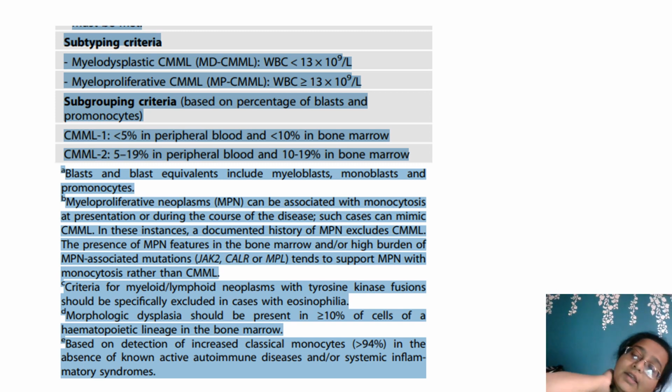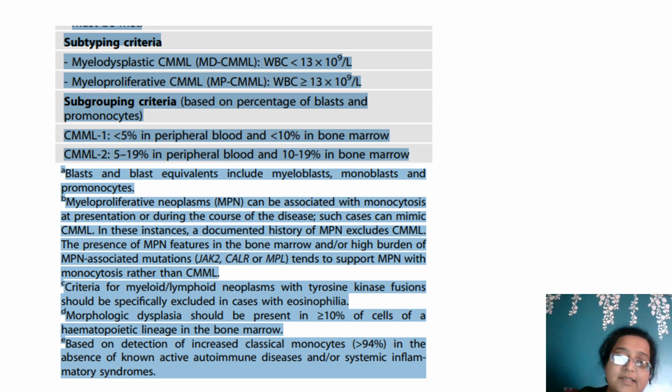So where they have given the criteria, all the criteria of MPN should be ruled out. So JAK2, CALR, MPL mutation should not be there. Prior evidence of an existing MPN should not be there, because there are chances where MPN is associated with monocytosis. So when you rule out that there is no prior incidence of MPN or JAK2, CALR, MPL mutation is not there, then only call it CMML, don't call it CMML otherwise.